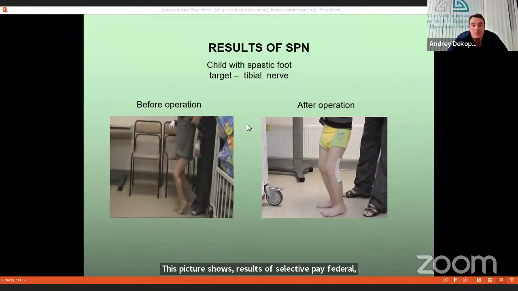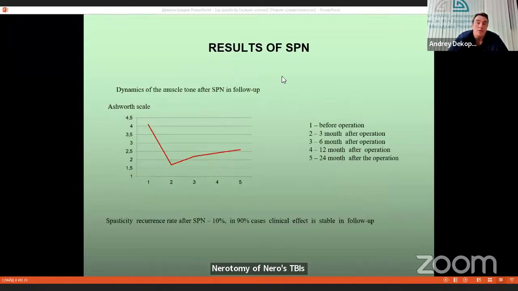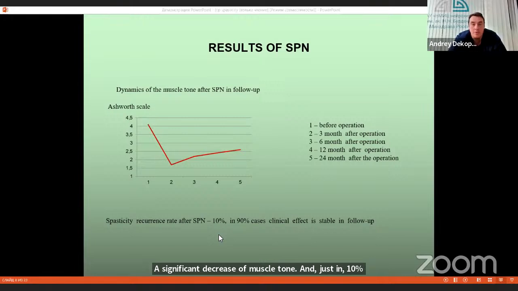You can see regress of foot deformities after neurotomy of nervus tibialis. The dynamic of muscle tone after neurotomy in follow-up shows that in most cases we revealed significant decrease of muscle tone, and just in 10% of cases we have observed recurrence of spasticity.